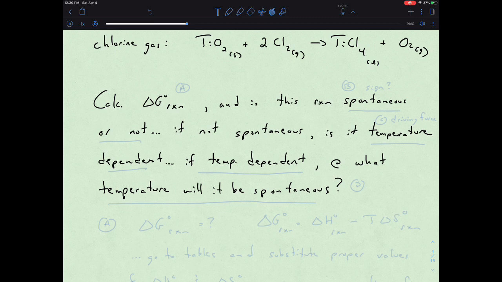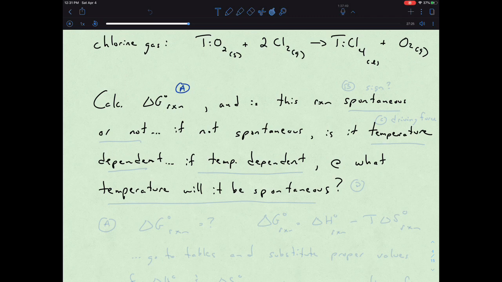We have the reaction of the titanium dioxide and the chlorine gas making titanium tetrachloride and oxygen gas. We need to calculate the delta G and then answer these other questions. Part A would involve calculating delta G of the reaction.